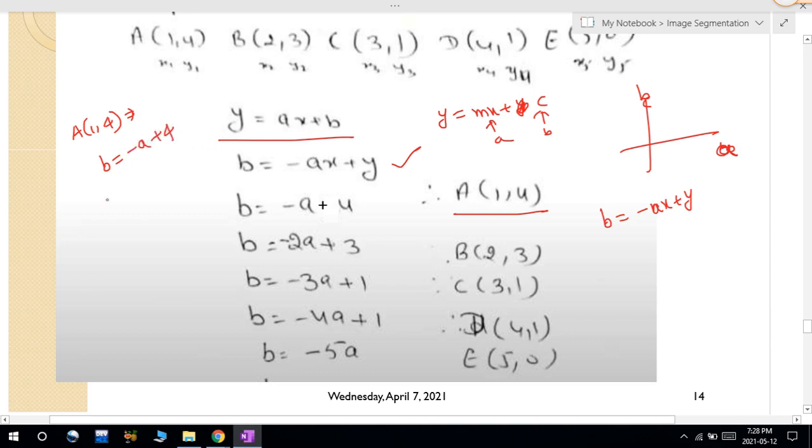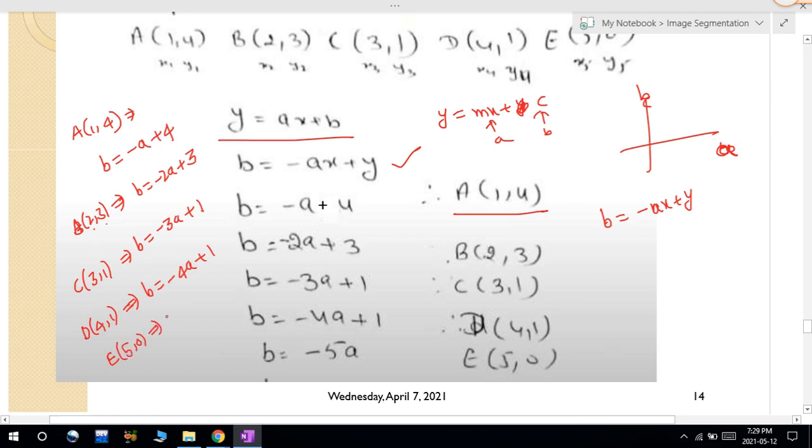The second edge point is B (2,3), so if I apply it, b equals minus 2a plus 3, because this is your x and this is your y. Next, C is (3,1), so b equals minus 3a plus 1. D is (4,1), so b equals minus 4a plus 1. And E is (5,0), which is converted into b equals minus 5a. So these are the total 5 line equations that we are getting.